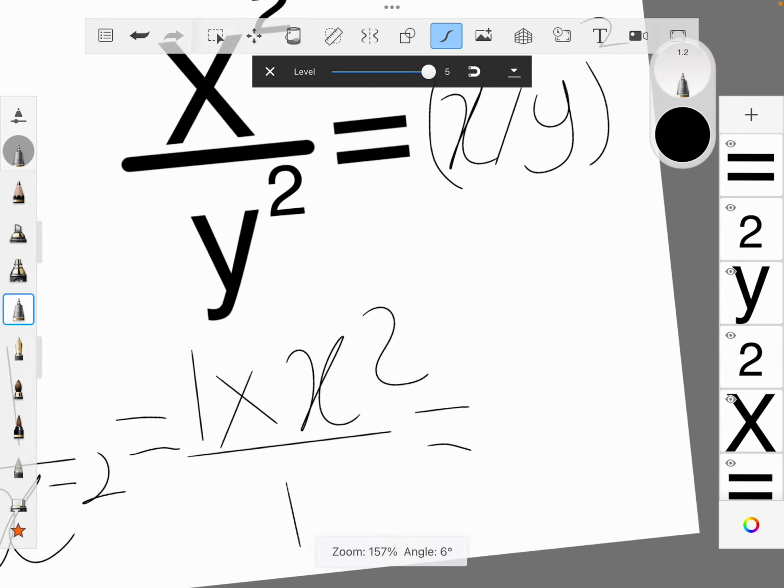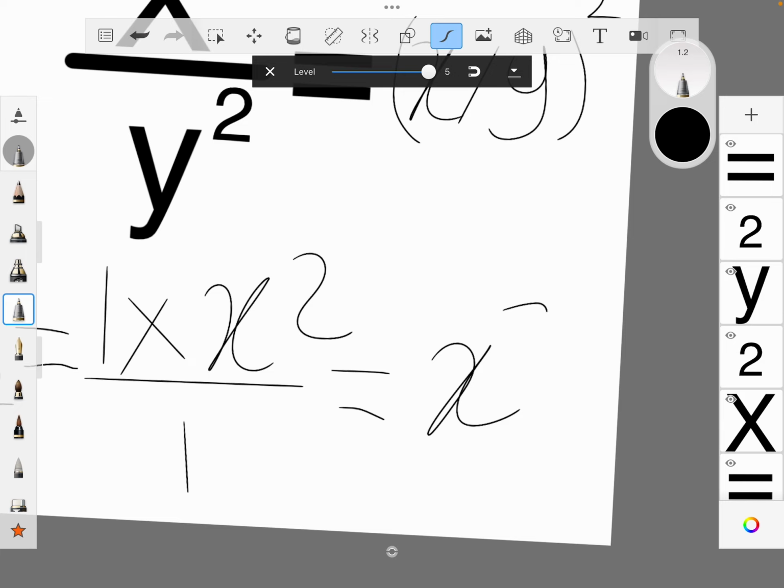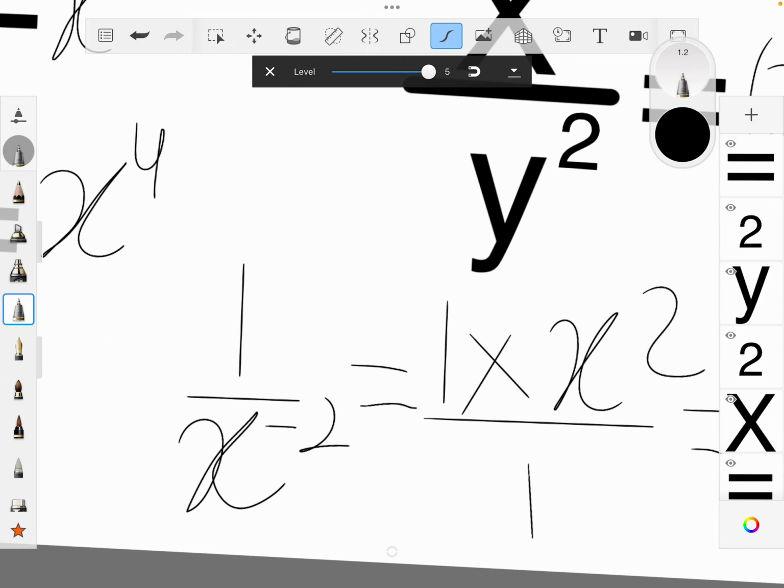So then this problem flips to be 1 over x to the power of 2. Now, this may seem unnecessary, but when you have really large exponential problems that you have to solve and simplify, this is a very big part of it.